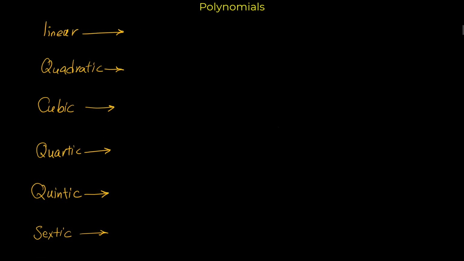Now that we are a little familiar with polynomial functions, let's talk about some special polynomial functions. Sometimes we say a polynomial is linear. What is a linear polynomial, or what is a linear function? A linear function is a function with degree 1. So if the degree of a polynomial is 1, instead of saying it's a polynomial, sometimes we say it's a linear function.